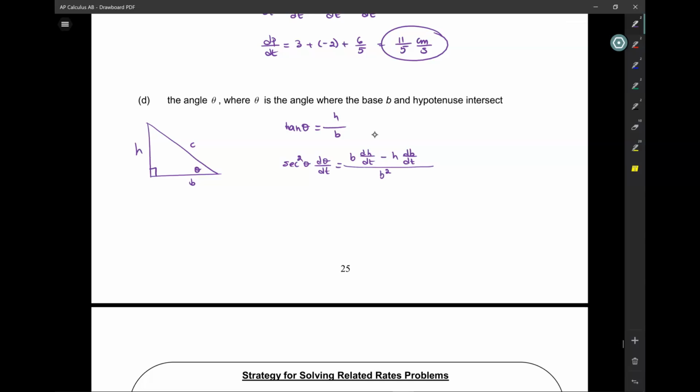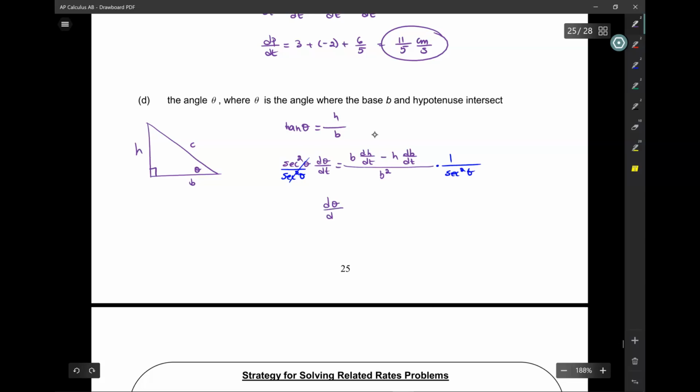What am I looking for? The rate of change of theta. I want d theta/dt. So what am I going to do? Divide both sides by secant squared theta, so times 1 over secant squared theta.